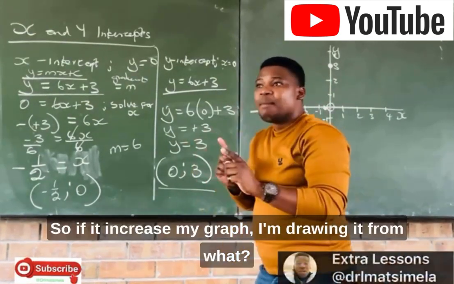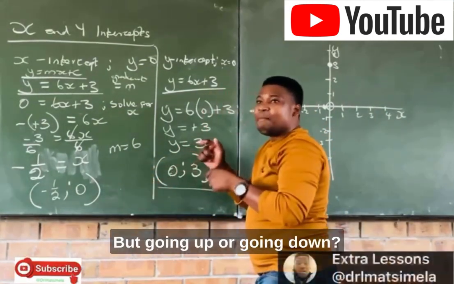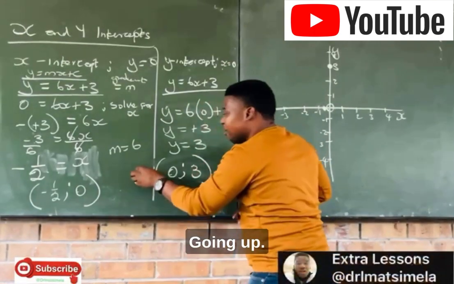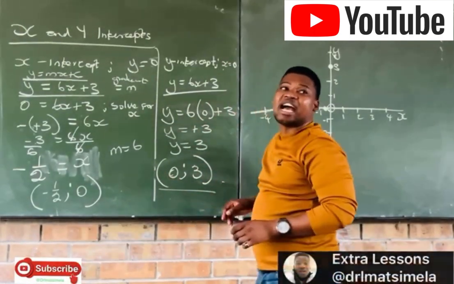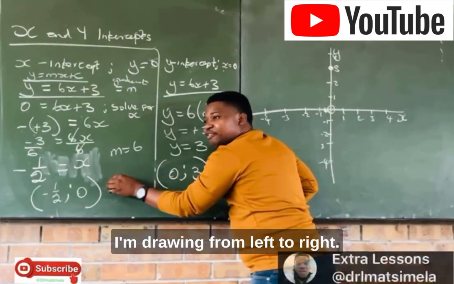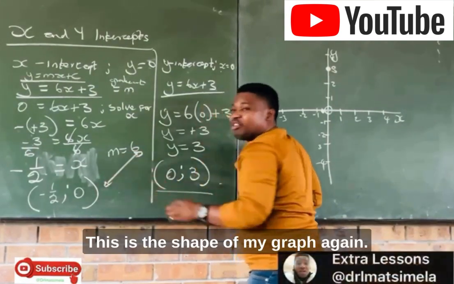So if it's increasing, I'm drawing it from the left to the right, going up. So this is the shape of my graph.